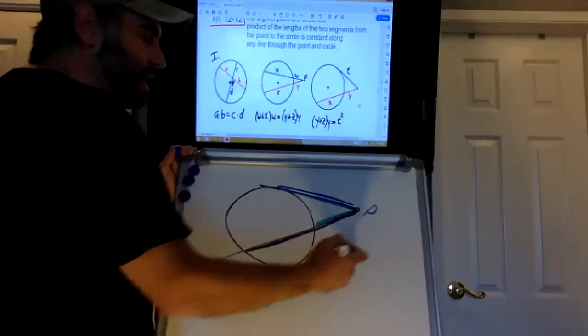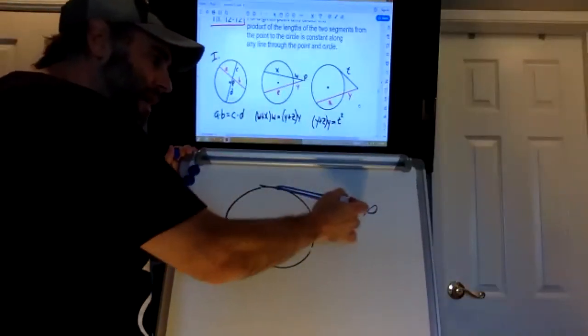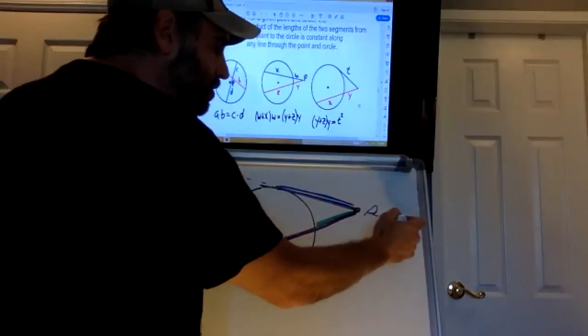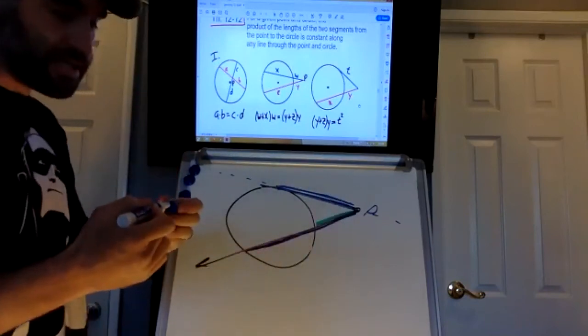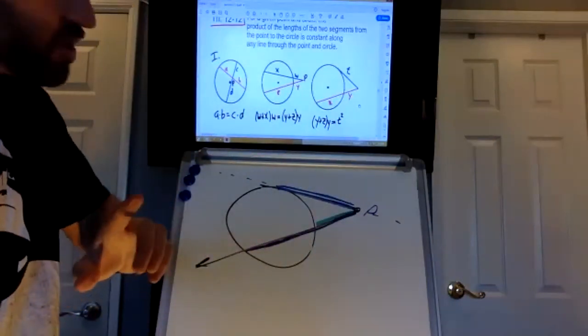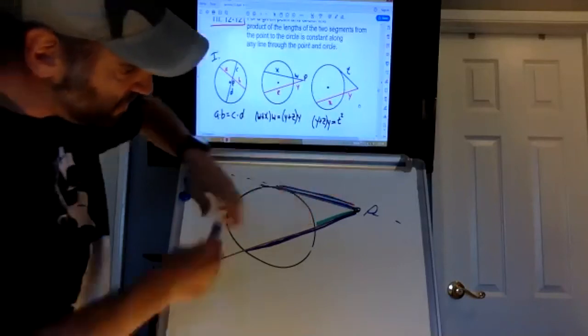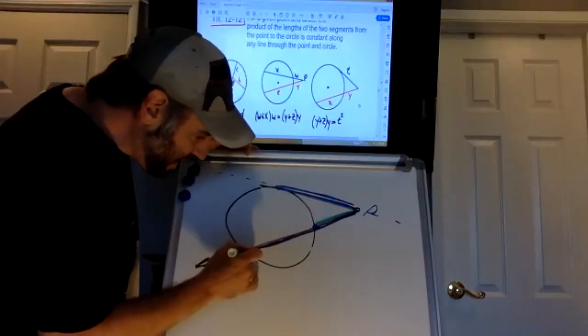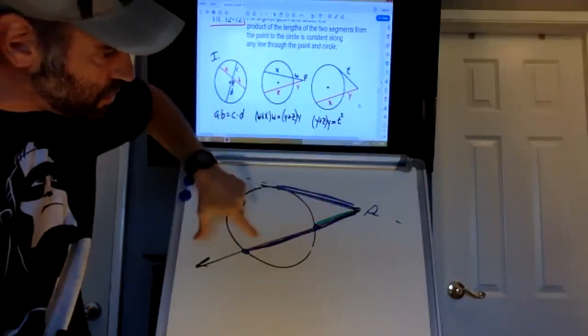You have to go twice. You have to go from point P to the circle along the same line, but this is a tangent line. You have to go twice. Hold on, David, hold on. For the secant line, there's 2 places, here and here. So you can do the green segment times the purple segment because there's 2 locations.